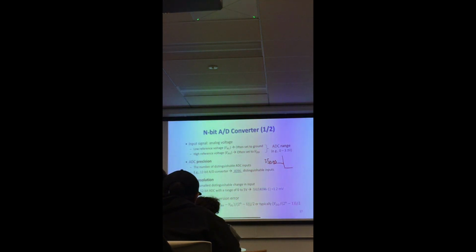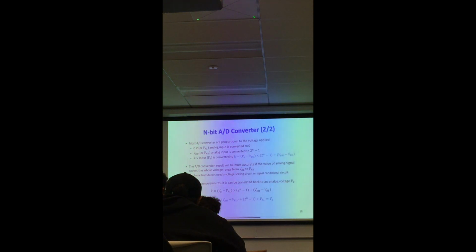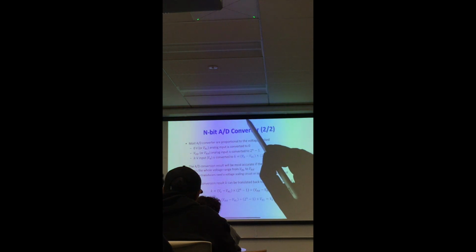Let's say your voltage levels will be 0, 1, 2, 3, 4, 5. When it is 0.3 volts, you will detect it as possibly 0 volts. So the error is 0.3, which is within half of the 1 volt range. So within 0.5 volts, you will be accurate. And that's why you divide by 2. So you should know how to properly apply the formula which is shown in the figure.